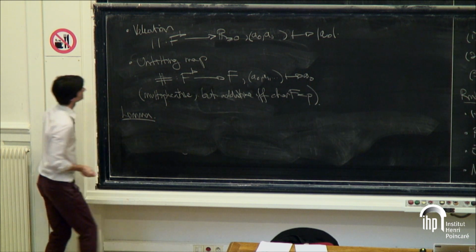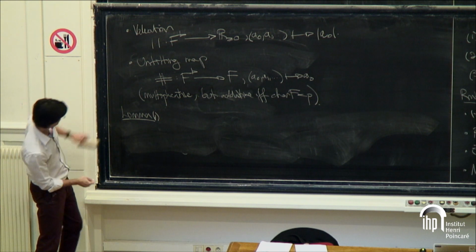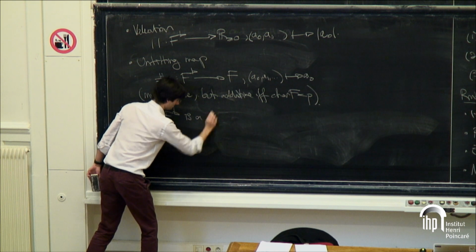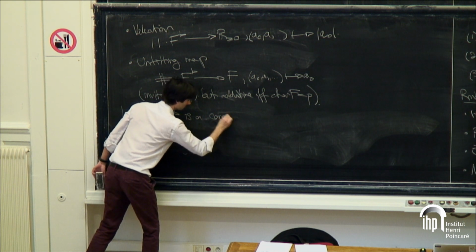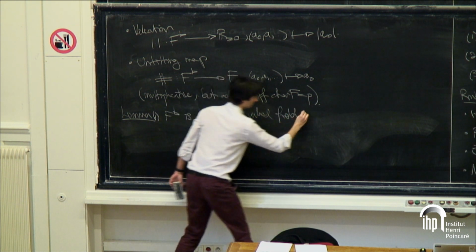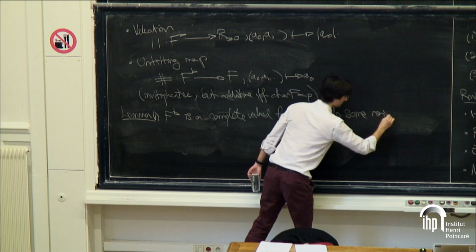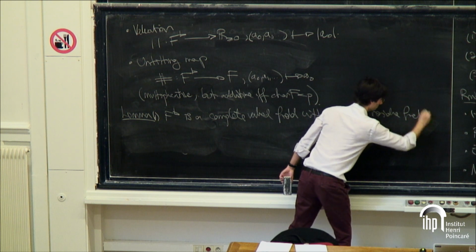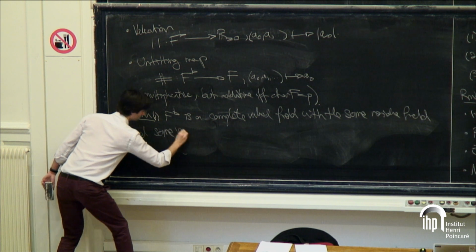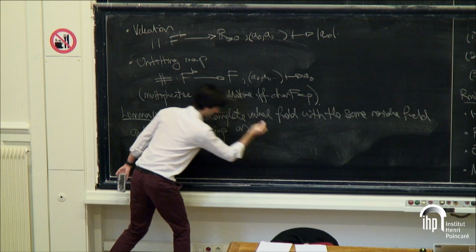And then to summarize what one needs to check, well, one shows that, firstly, under all these laws, F tilde is a complete valued field with the same residue field and the same value group as what we started with.